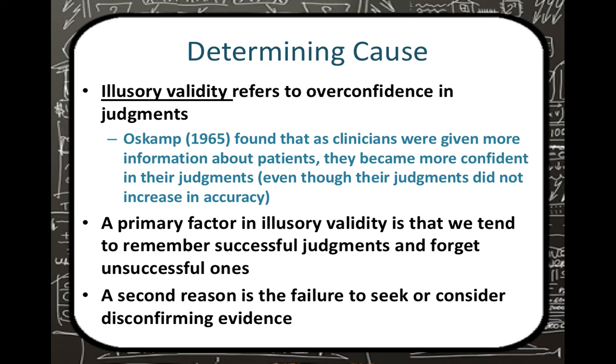We only want to find evidence for something we think already, right? So we're failing to seek or even consider disconfirming evidence. These are the primary reasons why people tend to believe that variables are correlated when they're really not correlated. We only seek out evidence that supports our idea that they're correlated, and we only remember those times when they happened together, when it confirms our belief.